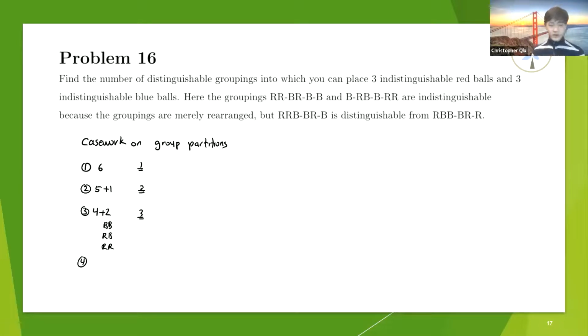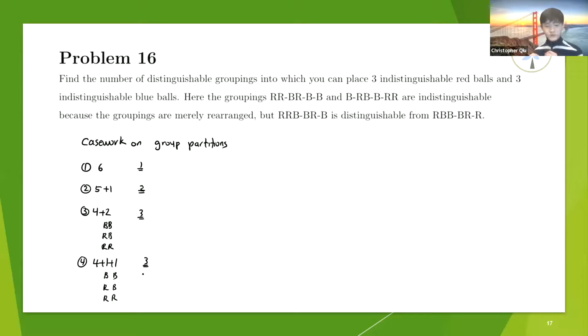And then we have our next partition, which is 4 plus 1 plus 1. In 4 plus 1 plus 1, we have basically the same idea. We choose the colors of the balls in the 2 groups with size 1. And we can see that 3 possibilities are shown here.